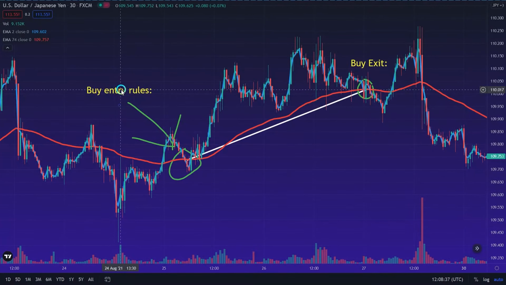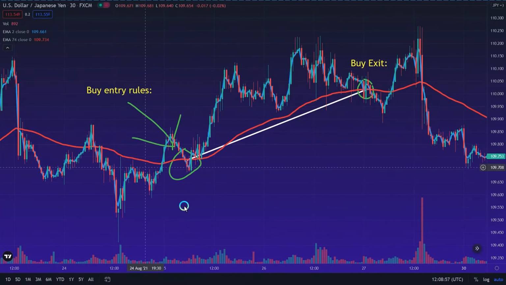I coded this strategy into an EA, and then I tested it in MT4 and MT5 with 99.9% tick data. So this strategy is all tested, and every aspect of it.